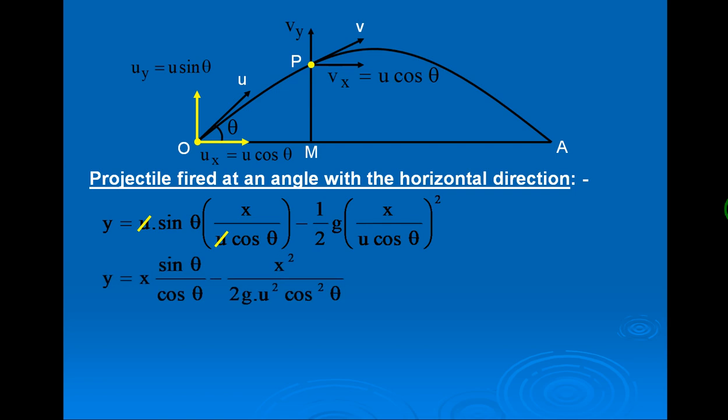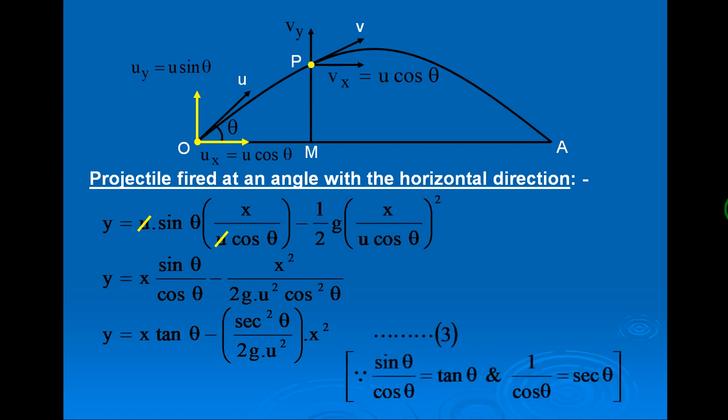What we get? y is equal to x into sin theta upon cos theta minus x square upon 2g u square cos square theta, or y is equal to x tan theta minus secant square theta upon 2g u square within the bracket into x square. Call this equation number 3, because sin theta upon cos theta is equal to tan theta and 1 upon cos theta is equal to secant theta.